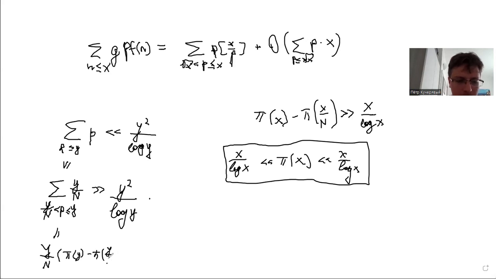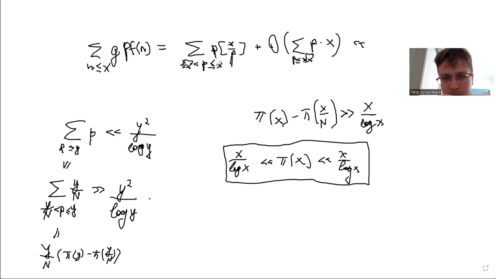Here I wanted to make n to be free. Or maybe you can make it to be 2 actually. I think it's possible. Okay. So we know the order of such a sum. And from here we know that this is less than what?